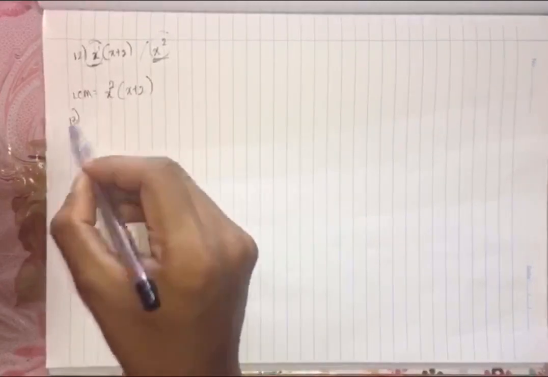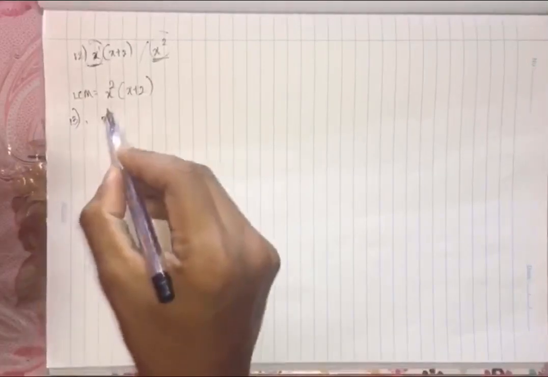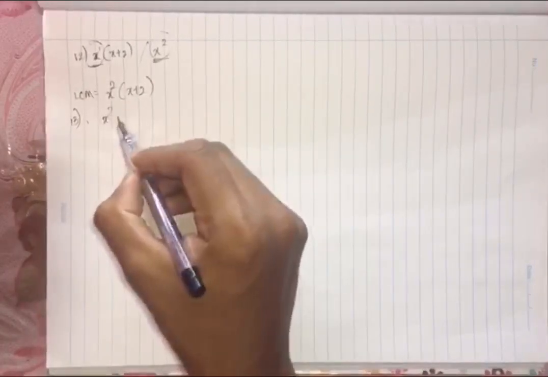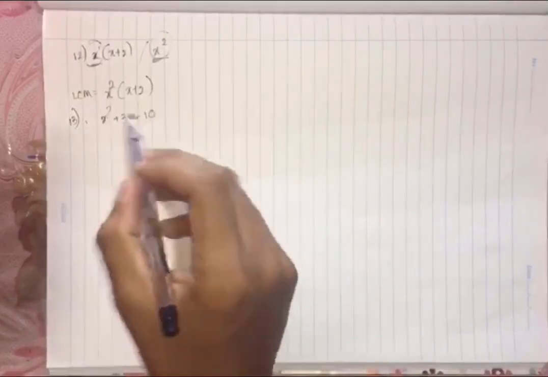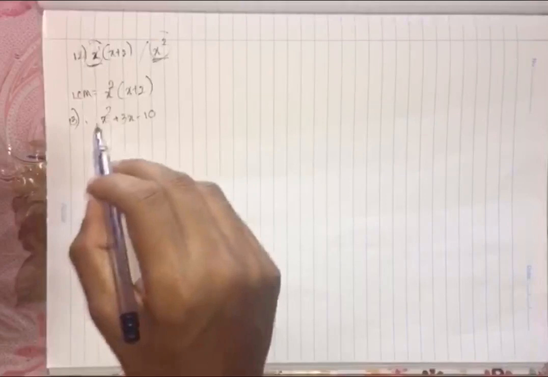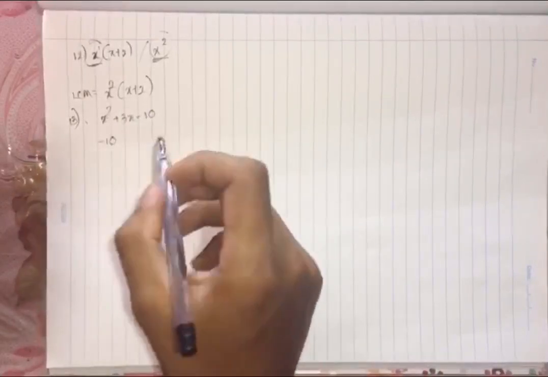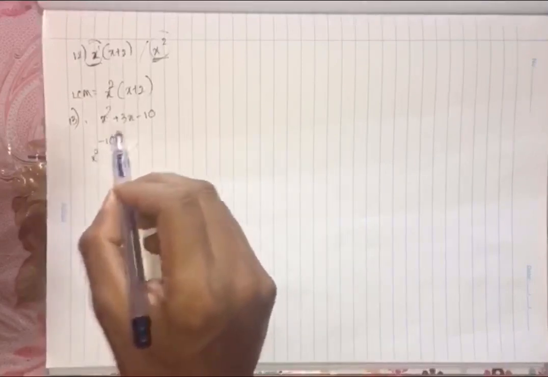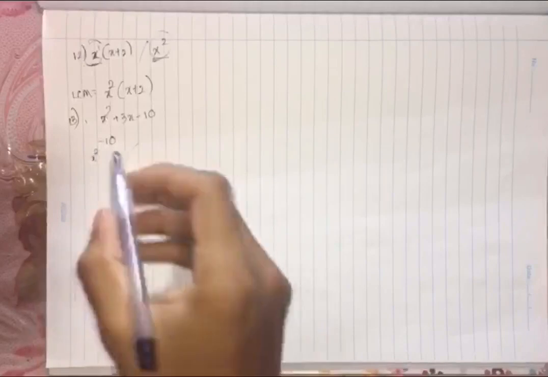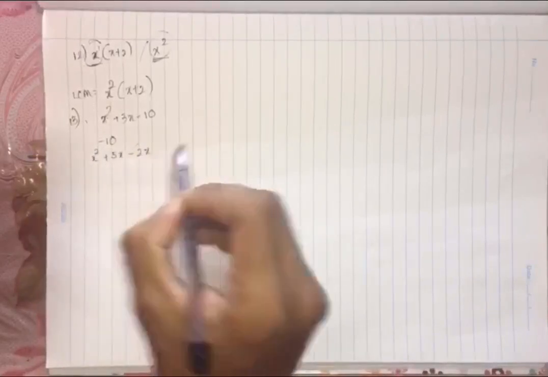And then moving on to the 13th one, they have asked you to find the factors of x squared plus 3x minus 10. How do we solve this? First multiply. The coefficient of x squared is 1, so you have minus 10. Write all the factors. So I'll directly write it. You can take plus 5x and minus 2x.